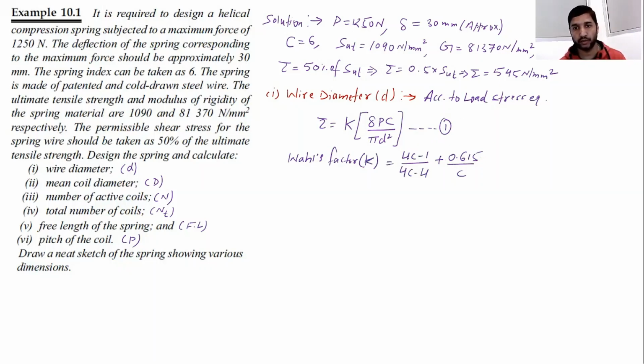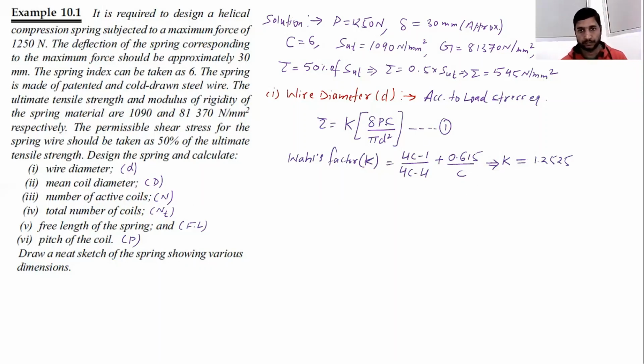When you put the value of 6 in this formula, you will get the value of K. The magnitude for K will be 1.2525. So this is the value of K that we have.